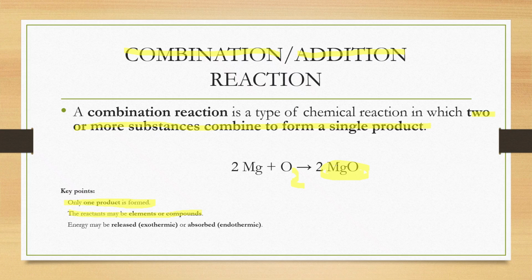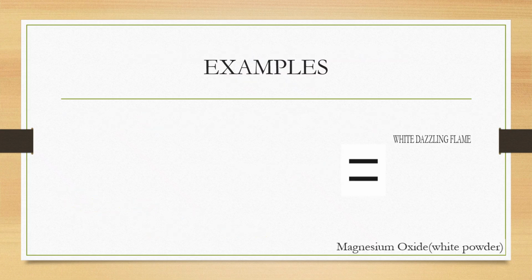These reactions are sometimes exothermic and sometimes endothermic, so you cannot classify them as always exo only or endo only. It depends on the type of reaction. Let's move toward the example of it.